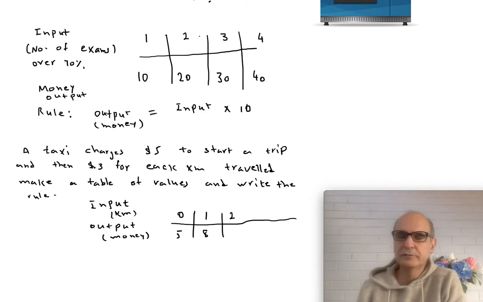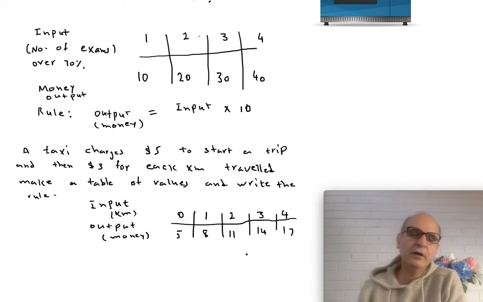So 2 lots of 3 is 6, plus 5 is 11. And if you travel, say, 3 kilometers, then you're going to pay 3 lots of $3, which is $9, plus 5, which is $14, and you can keep going like that. 4 kilometers, 4 times 3 is 12, plus 5 is 17.